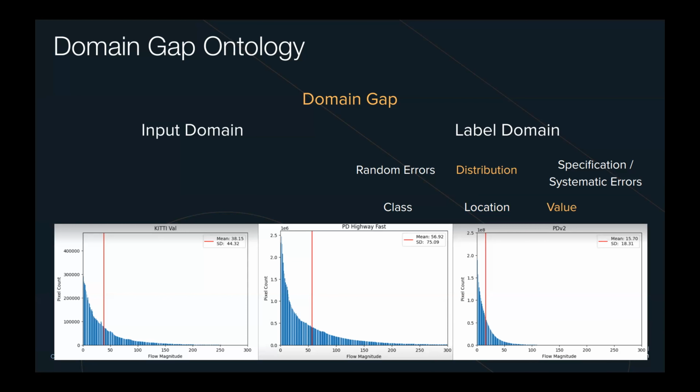Another one, if you think about regression tasks where you want to predict certain values, we also saw this, for example, here with optical flow, where we analyzed the histogram of the magnitudes of flow values on different data sets. So in the bottom left, you can see the KITTI data set, which has flow magnitudes going 150 pixels of movement, 200 and up.